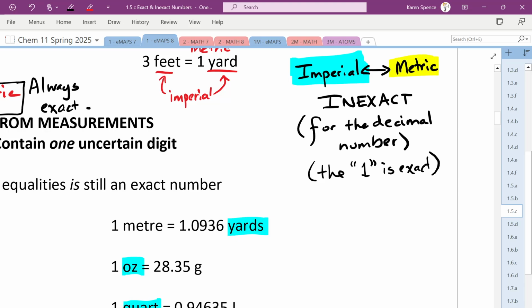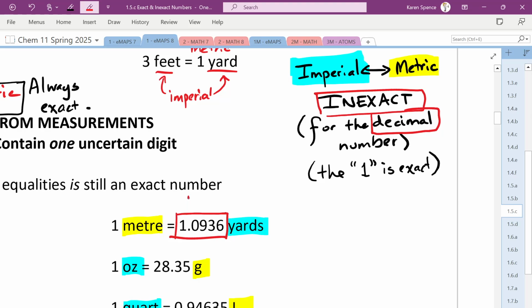Metric, we have meters and grams and liters, and those are all metric. So these ones, the decimal number is inexact. So that means that this one here is inexact. How many sig figs?